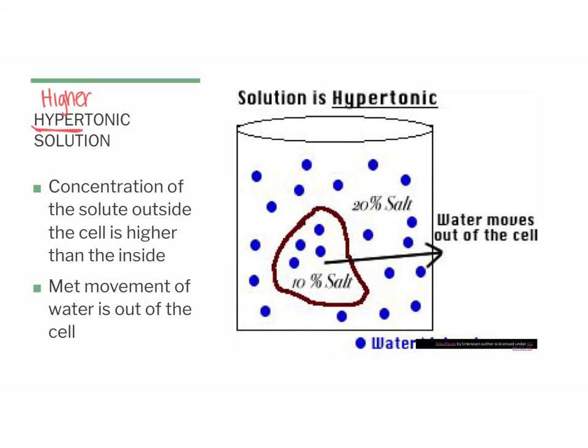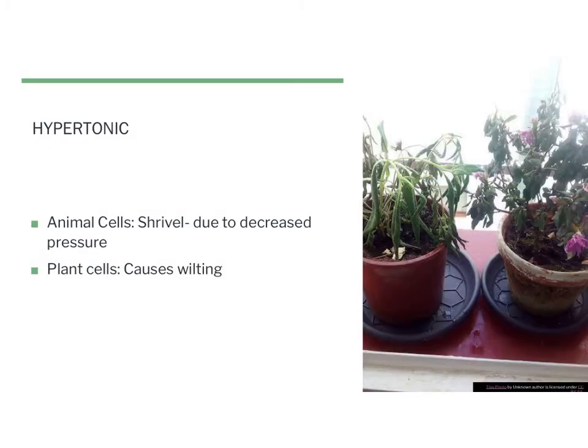So on this slide, you need to know that the net movement of water is out of the cell. Not met, net. Net movement of water is out of the cell. So when this happens in our animal cells, it just causes them to shrivel. So there's less pressure to hold that cell in its original shape. So it shrivels.